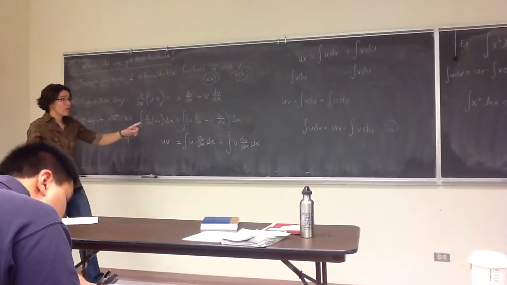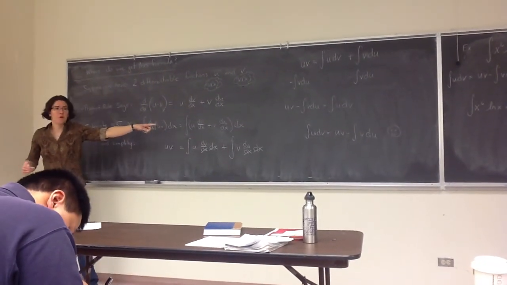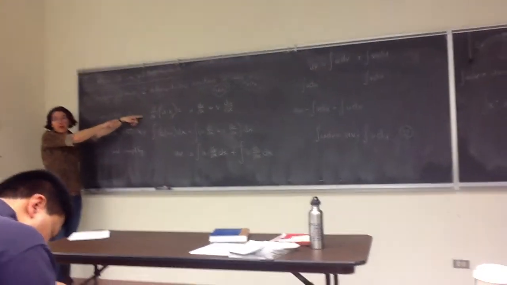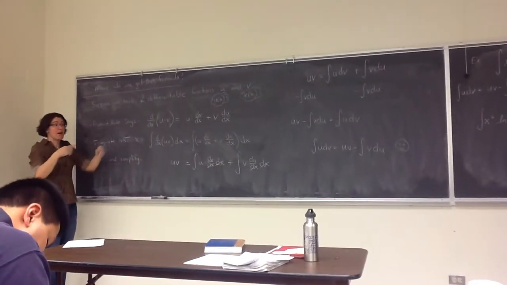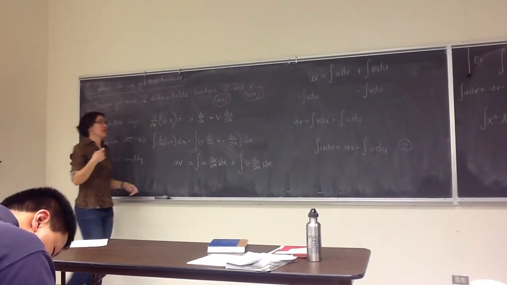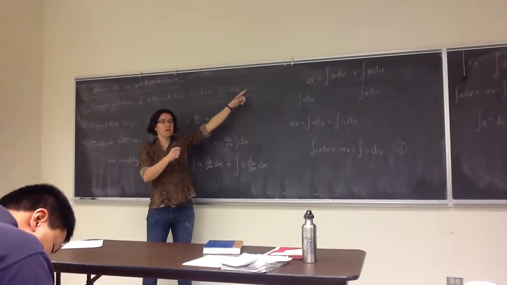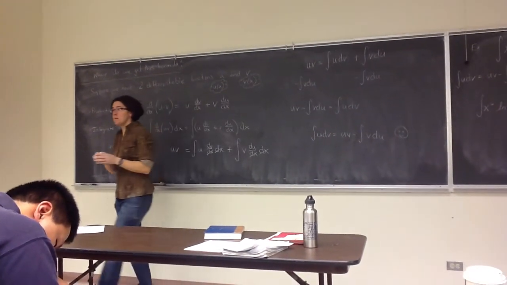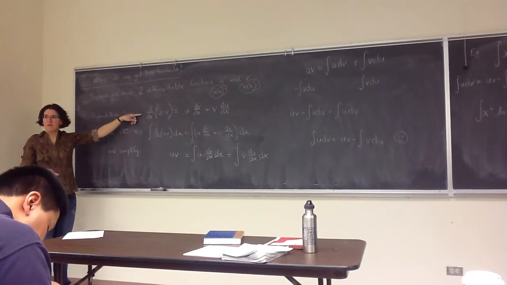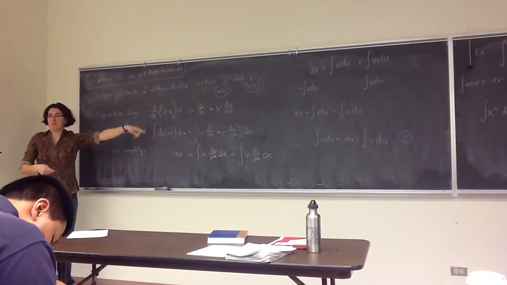All right, so that formula that I just wrote on the board at the beginning of the hour really came from using the product rule. If I wanted to explain where this formula comes from, I would start by saying, here are my two functions, u and v. I'm going to multiply them together and take their derivative, then integrate and do some simplifying.